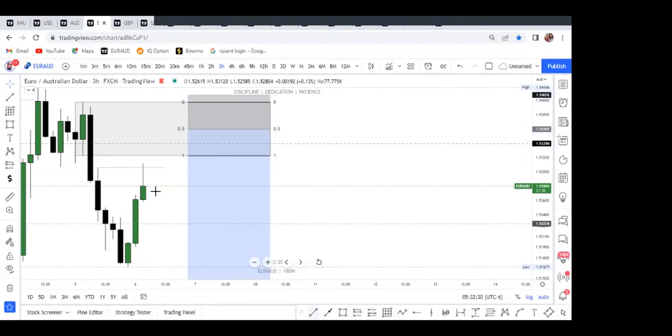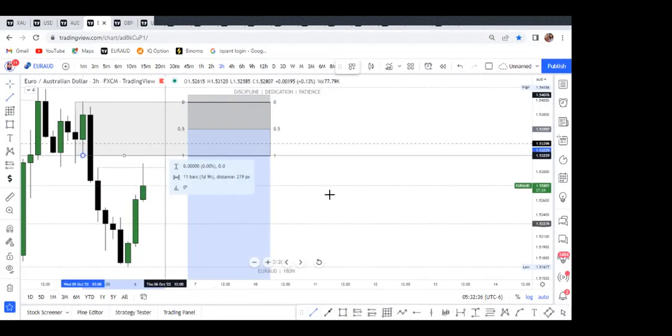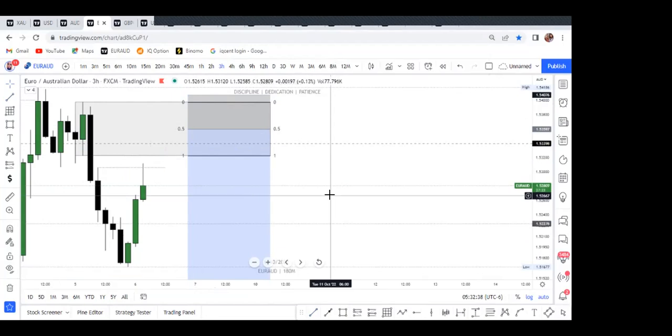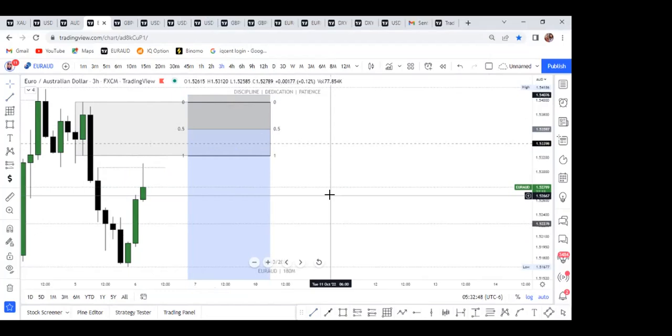So this pair might actually be selling right now at the moment. Are you checking your 5 minutes? What did I say? It's actually selling.